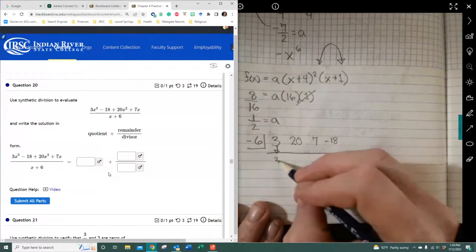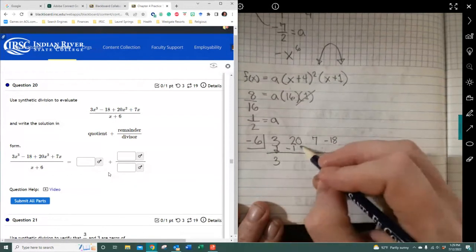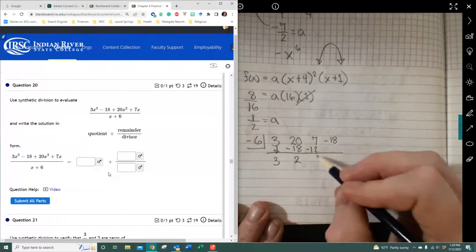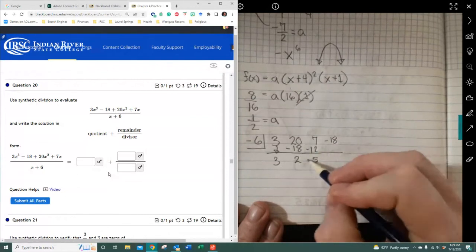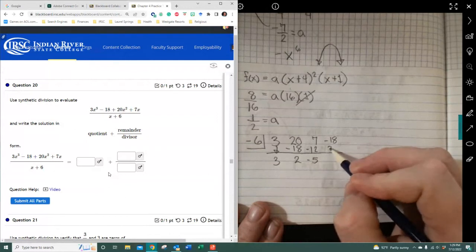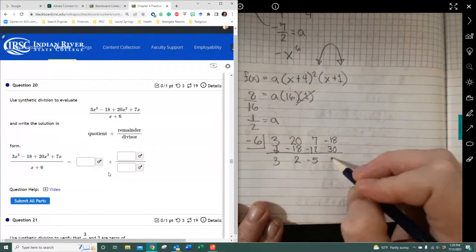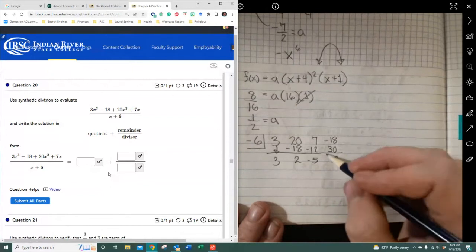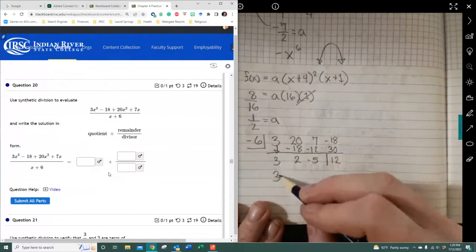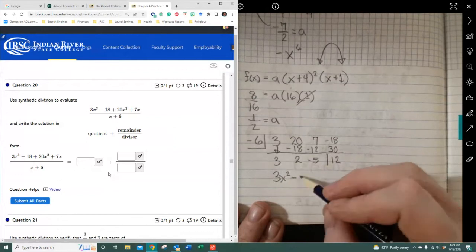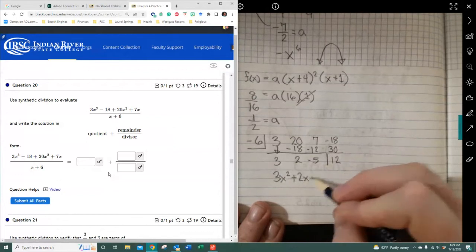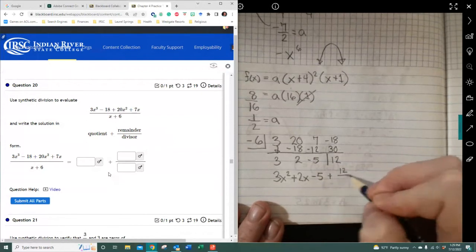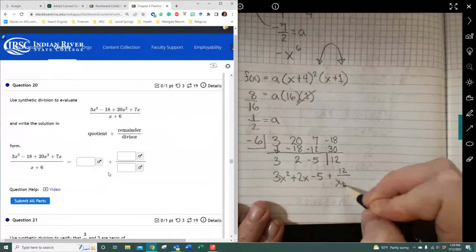So we're going to drop, multiply, add, multiply, add, multiply, add, and then we're going to get our answer of 3x squared plus 2x minus 5 with a remainder of positive 12 over x plus 6.